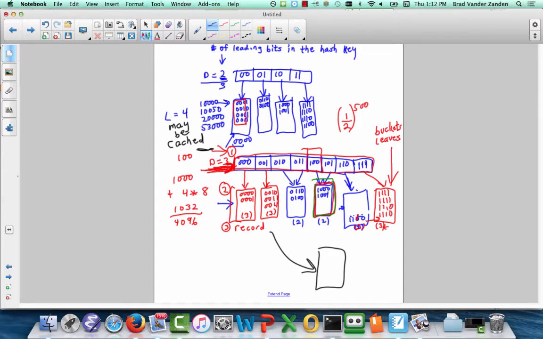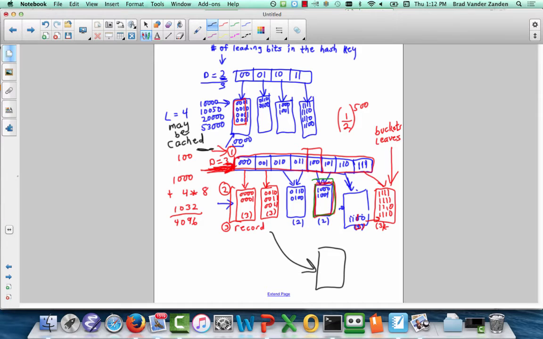Okay, so the two big questions then are, how many leaves are there on average, and how big does your directory get? Because this isn't going to be feasible if D is equal to, say, 30. Right? 2 to the 30 is an enormous number.